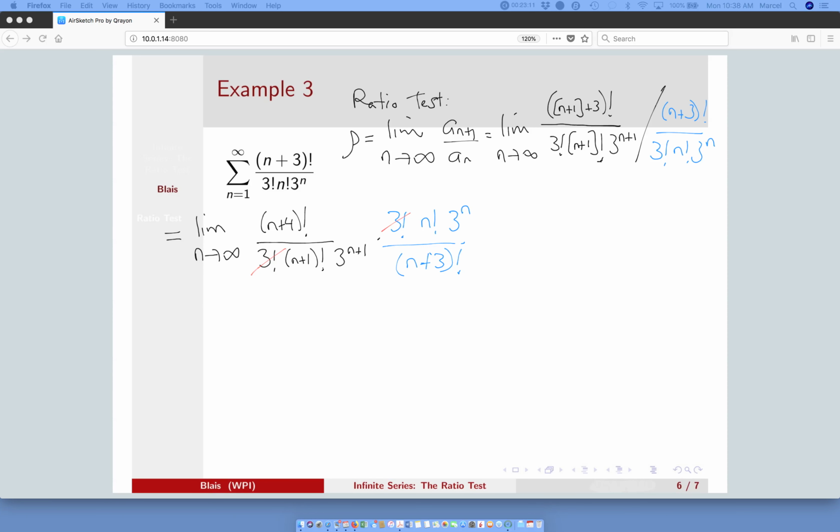The catch is that we have to pop off some terms. If we want to match up the n plus 4 factorial and the n plus 3 factorial, we need to pop one term off of this n plus 4 factorial term. So we can rewrite that as n plus 4 times n plus 3 factorial.